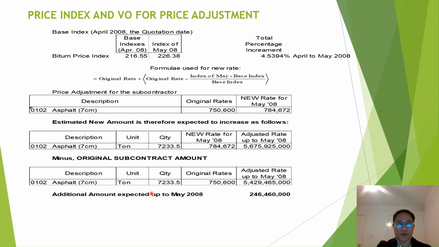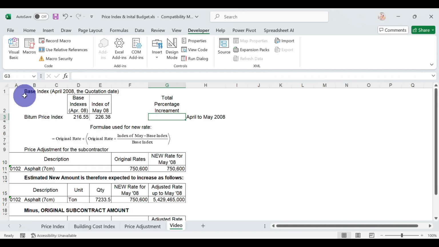I will demonstrate how to do this in Excel right now. In here, I already collected the base index and the current index. And what I have to do is to calculate total percentage increment by using this formula: current index minus the base index, divided by base index.